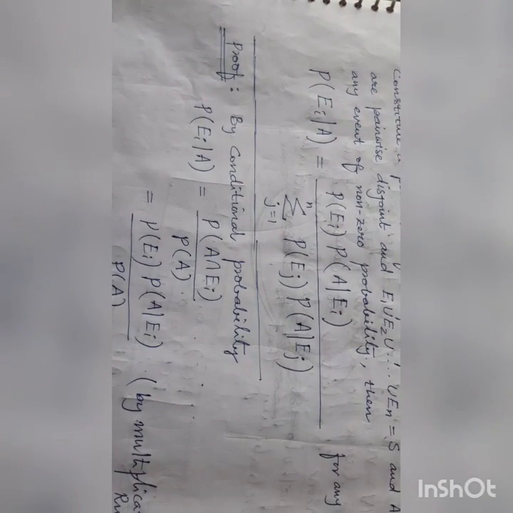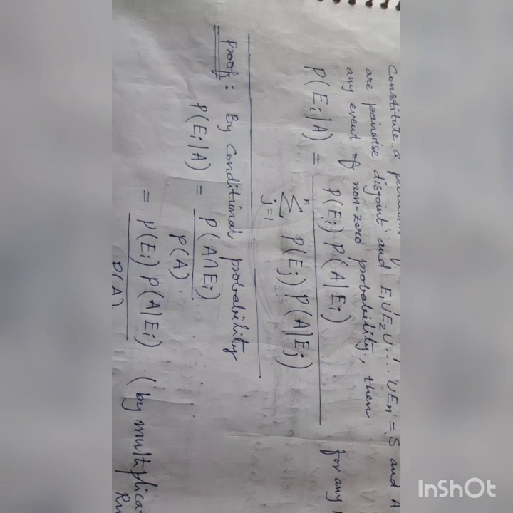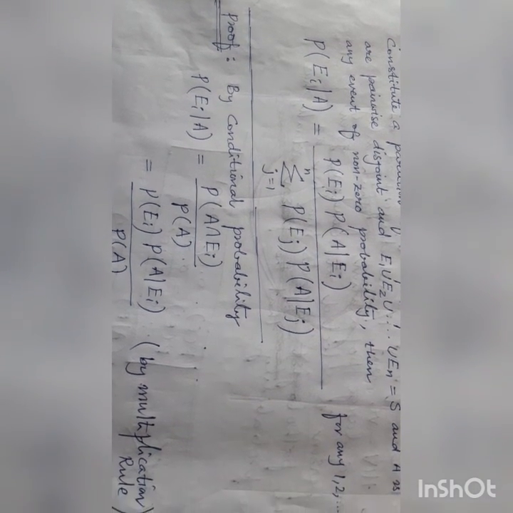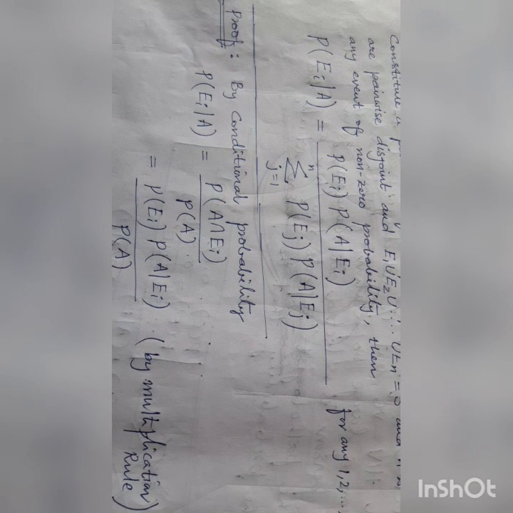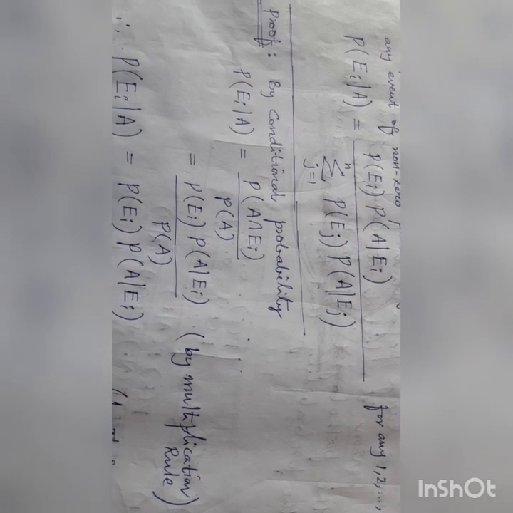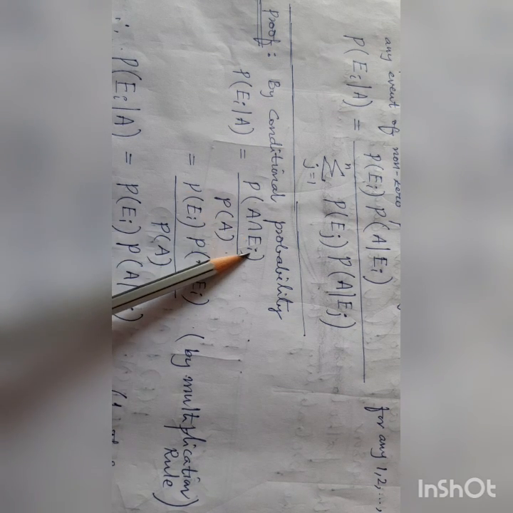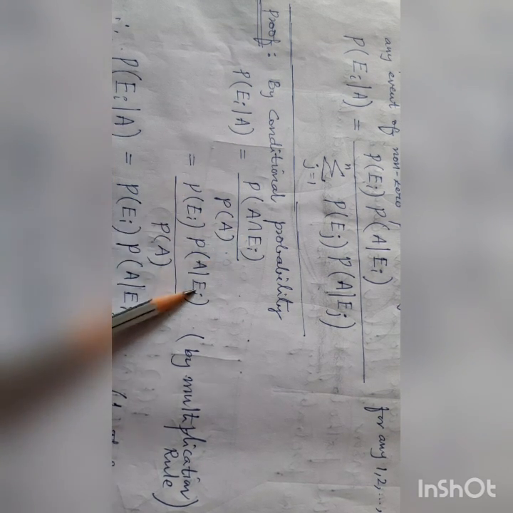By conditional probability, P of Ei on A equals P of A intersection Ei by P of A. That you know very well. In place of P of A intersection Ei, I have written P of Ei into P of A on Ei.